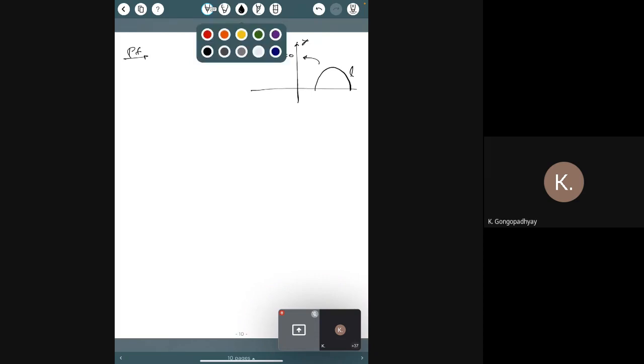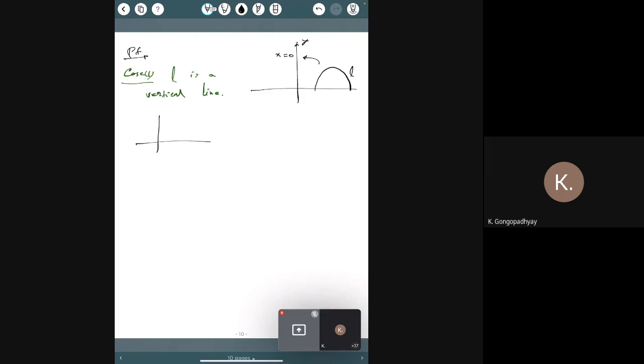Case one: L is a vertical line. You have here x equal to 0 and you have here L. Suppose this point is c and this is 0. Then you just map z goes to z plus c or z minus c. So you can map one vertical line onto another vertical line. So done.